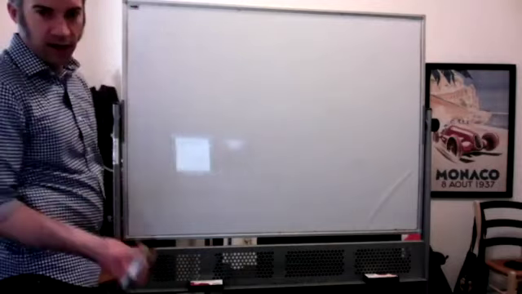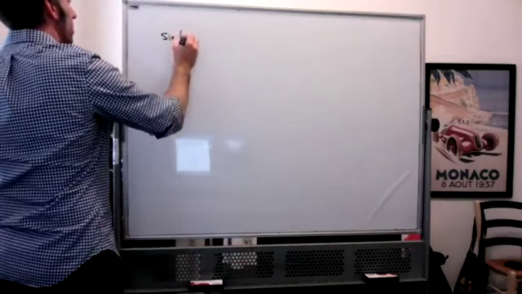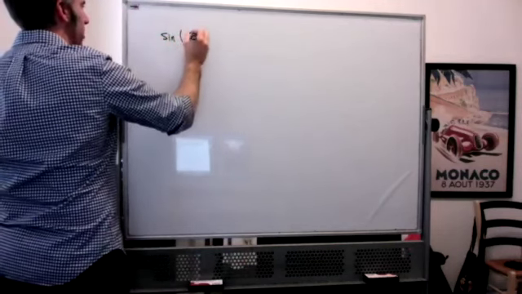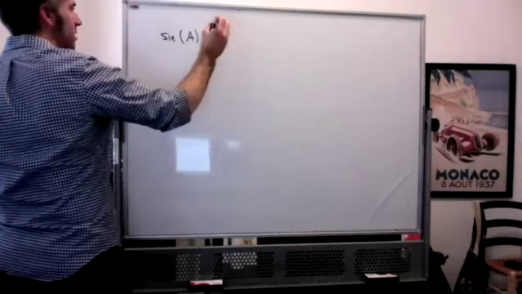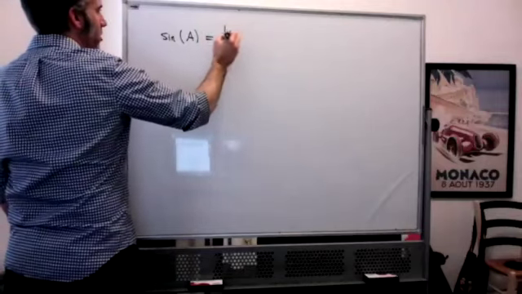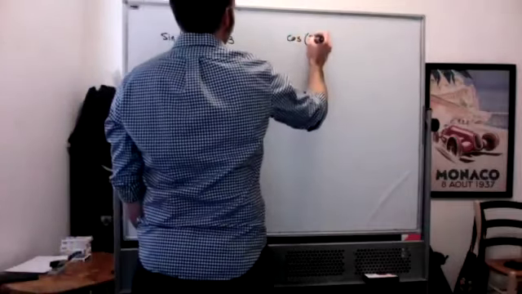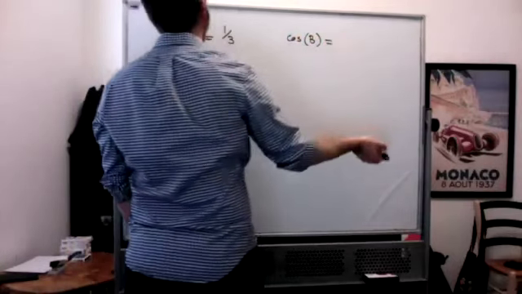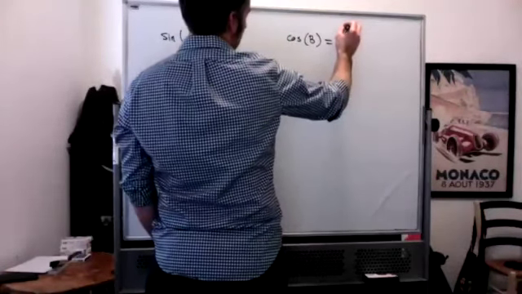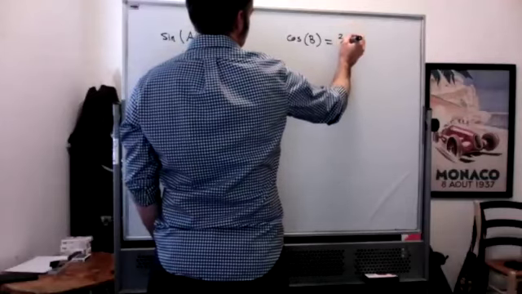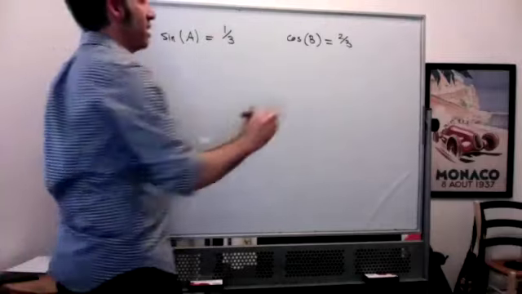Here's another type of question that I often like to ask. Let's say sine of A is equal to 1/3, and cosine of B is equal to, let's go negative 2/3.